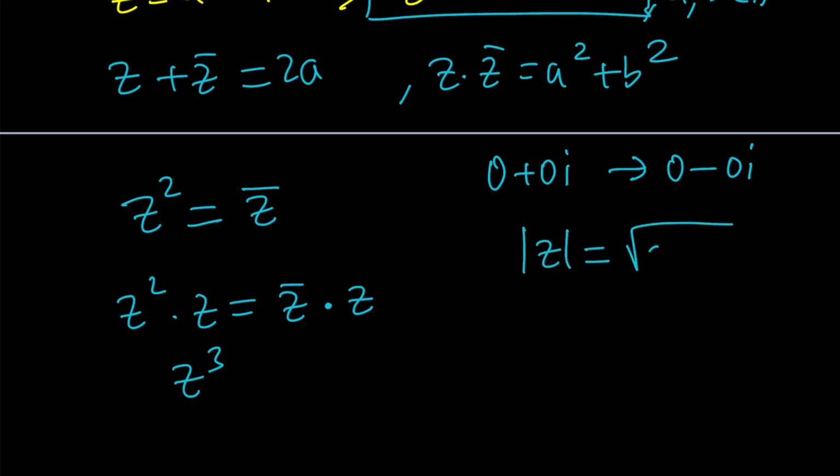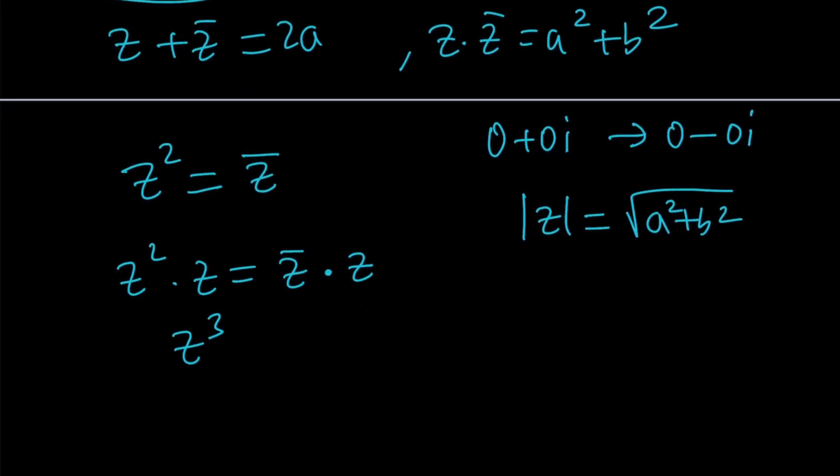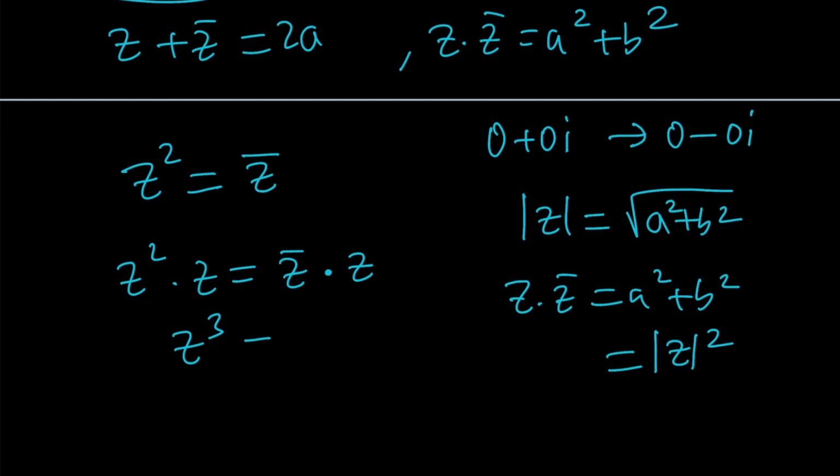It is the square root of a squared plus b squared. So if you multiply these two, you get a squared plus b squared, which happens to be the absolute value of z squared. In other words, z bar times z can be replaced with the absolute value of z squared.